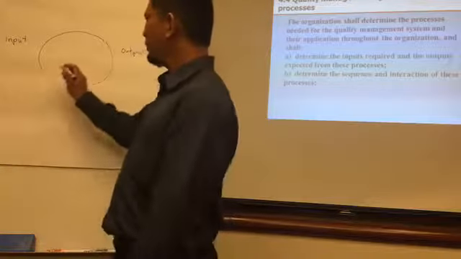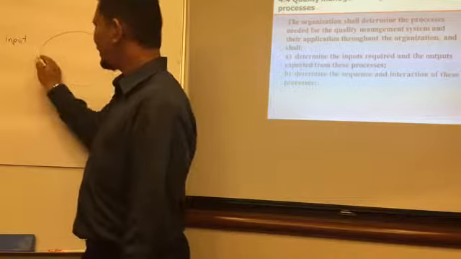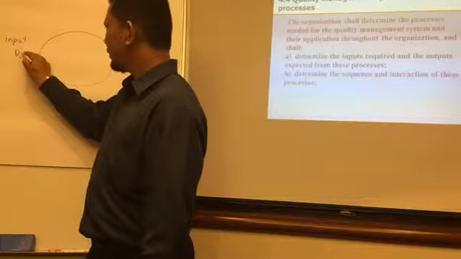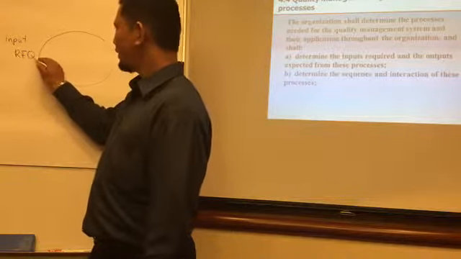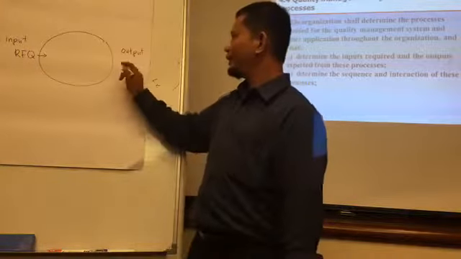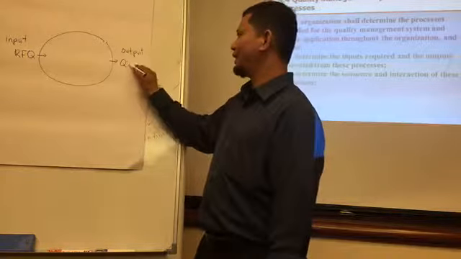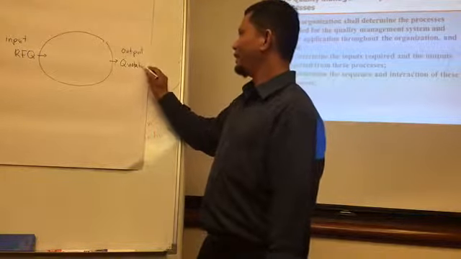So input from your customer, so let's say this is your customer. The input is request for quotation. So this will be the input. What is the output required? It is a quotation.